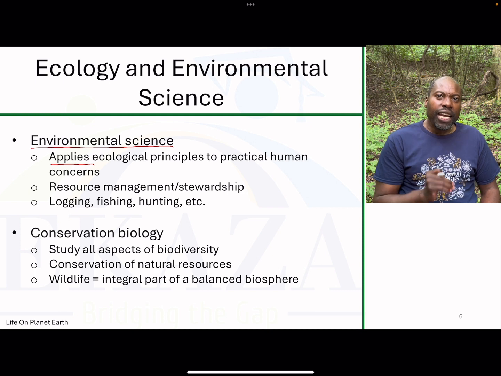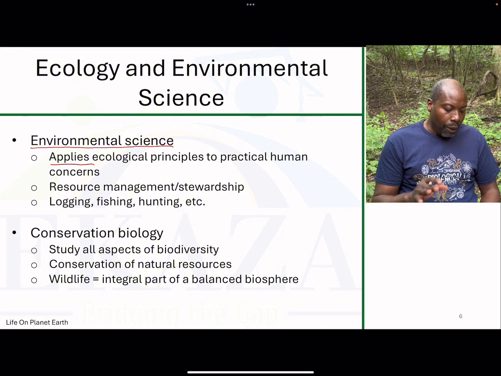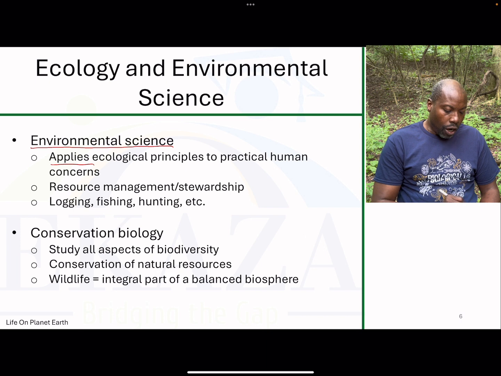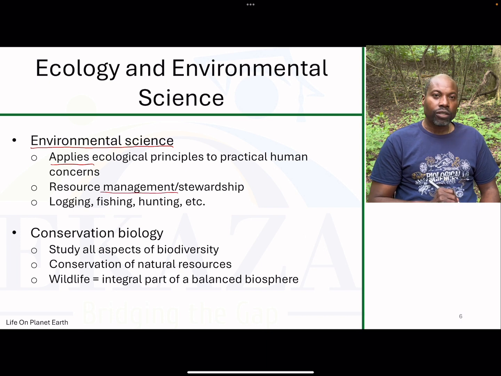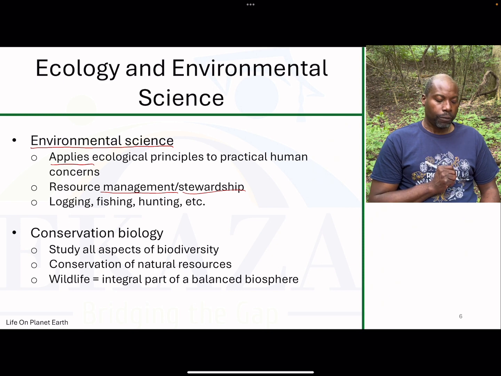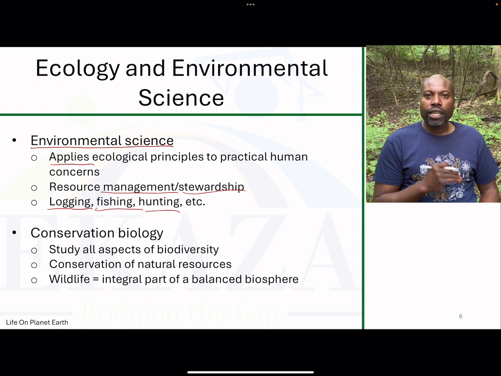So this means that with environmental science, we are going to focus on the management of resources and the stewardship of resources. For instance, how are we going to do logging? How are we going to do fishing, hunting, and so on and so forth?